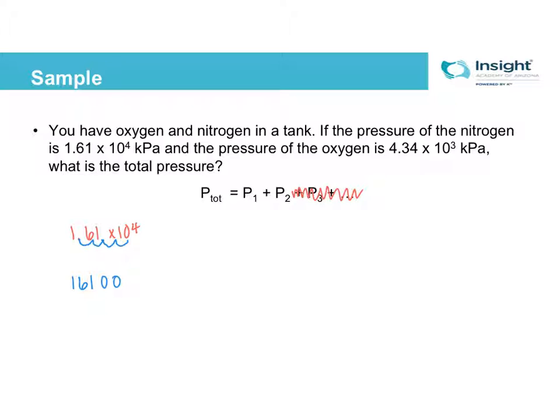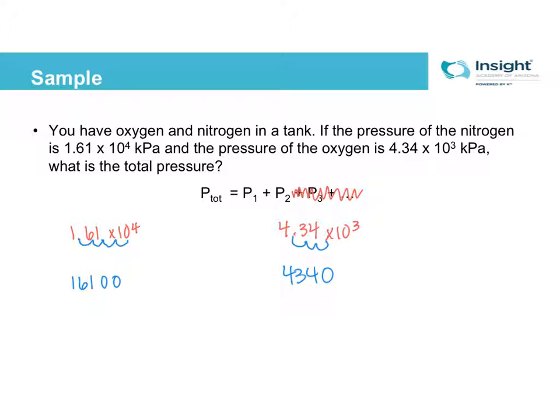Now, the 4.34 times 10 to the 3rd is going to be 4340.